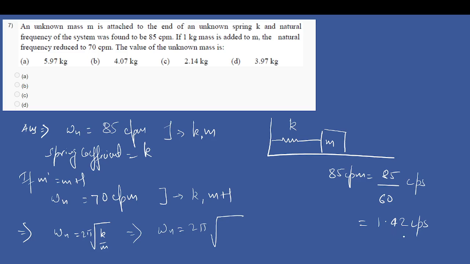Okay, so you don't know how much the k value is. So the k value you need to evaluate. So omega n, 70 cpm, 85 cpm, k. The natural frequency of the system reduced to 70 cpm. Let me check whether they are talking about the natural angular frequency or the natural frequency.